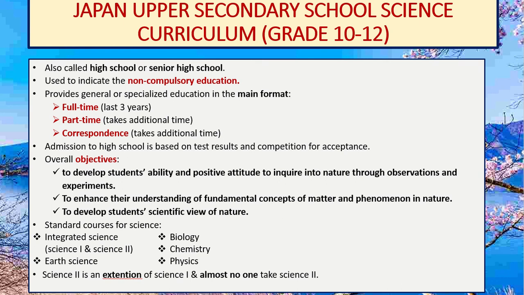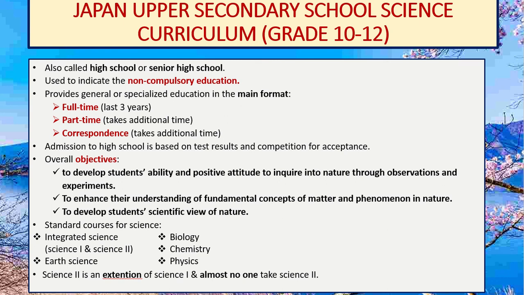The overall objectives are to develop students' ability and positive attitude to inquire into nature through observation and experiment, to enhance their understanding of fundamental concepts of matter and phenomena in nature, and lastly, to develop students' scientific view of nature.